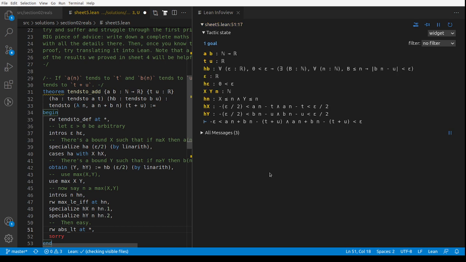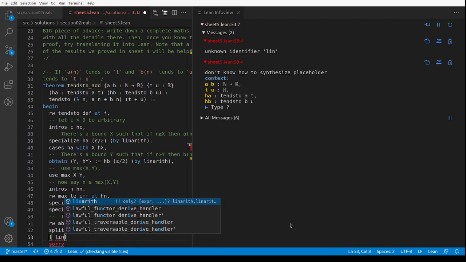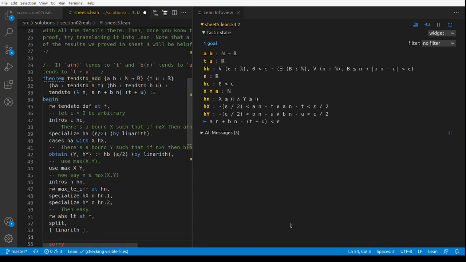So the reason Linarith doesn't do it yet is because Linarith doesn't know about ands in goals. Linarith is like, actually, this isn't an inequality. It's two inequalities. But of course, what do you do with a goal which is an and? You do split. And now we have two goals, and the first goal is an inequality, and the second goal is an inequality. So Linarith should solve the first one, and Linarith should solve the second one.